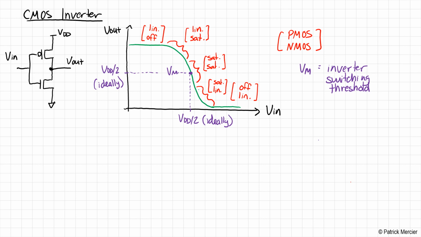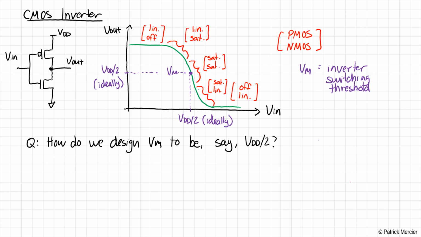So let me ask a question. How do we design VM to be, say, equal to VDD over 2? We said, ideally, if we're designing a nice inverter, VM should be equal to VDD over 2.